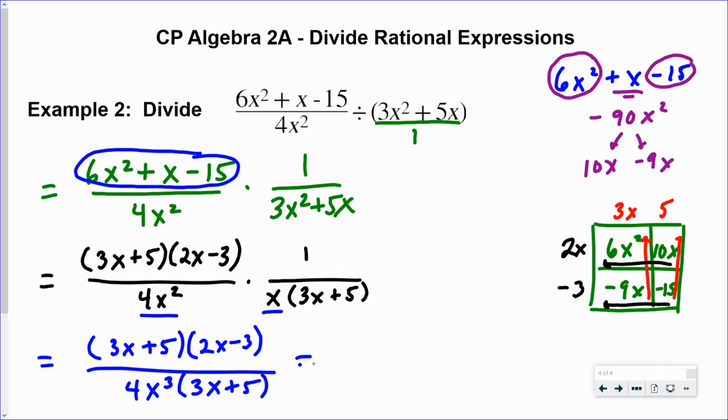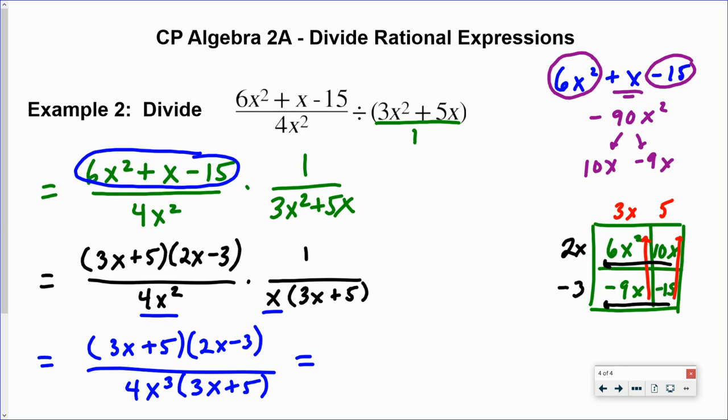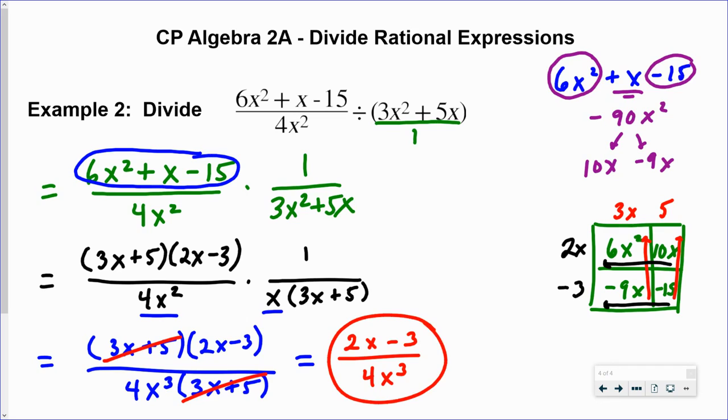And in this particular case, it's looking like we only have one common factor that we're going to be able to divide out, that being 3x plus 5. So the final solution should be 2x minus 3 over 4x cubed.